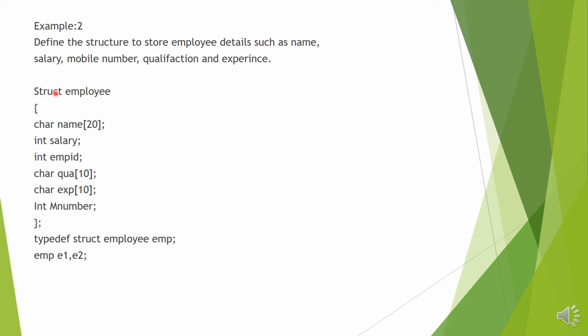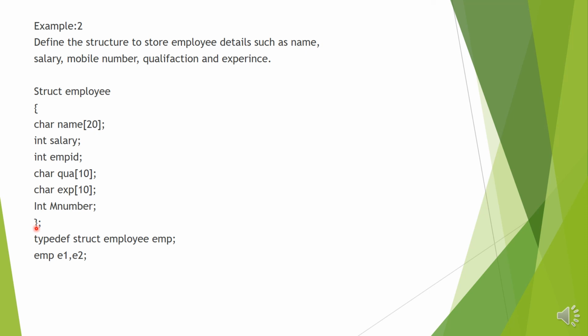Starting with the keyword struct, the name of the structure is employee, then the member variables: character name of size 20, then integer salary, third is int employee ID, then character qualification, because qualification is a group of characters, then character experience, or you can take integer experience here, then integer mobile number. Then it ends with the semicolon.